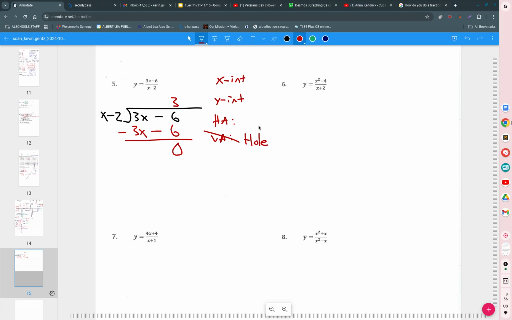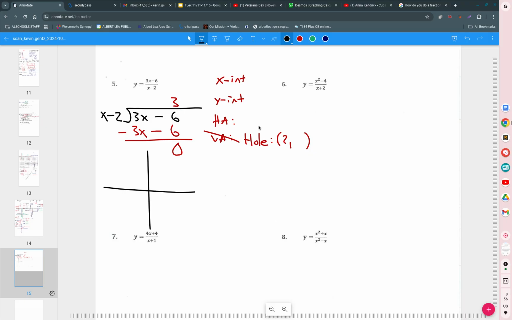The x value for where the hole occurs is at 2. Wherever the denominator equals 0, we have a hole then. When it divides evenly, we know what the graph pretty much looks like. The graph pretty much looks like 3. And if you graph y equals 3, it's just a horizontal line. Except when you get to 2, you draw a hole.